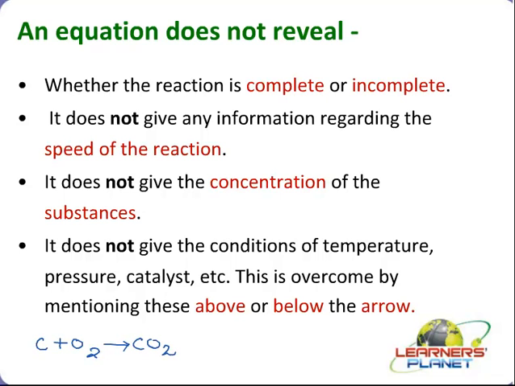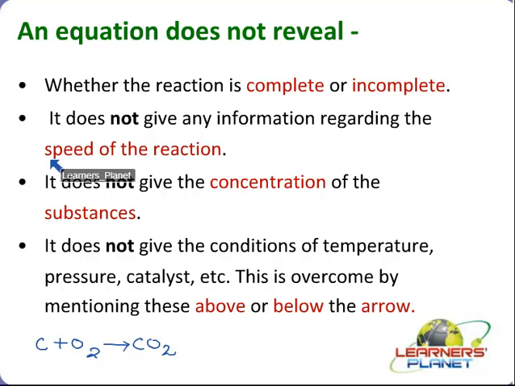Now just by seeing this equation, can you tell me whether your reaction is complete or not? This is an equation: C, that is carbon, plus oxygen gives carbon dioxide. Can you tell whether the reaction is complete or incomplete? No, children, you can't tell it.